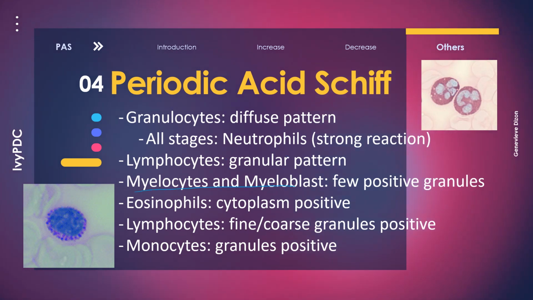Myelocytes and monoblasts or myeloblasts would contain fewer positively stained granules. Eosinophils, the granules will not be stained, but the cytoplasm itself will stain positive. Lymphocytes will have a few fine or coarse granules to be positive. Monocyte granules will exhibit a small amount of positive staining.